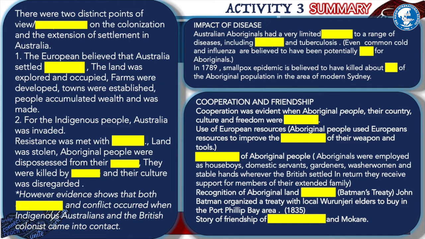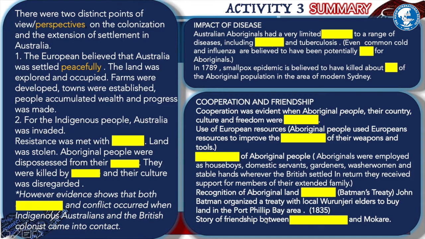There were two distinct points of view or perspectives on the colonization and extension of settlement in Australia. So first, the Europeans believed that Australia was settled peacefully, the land was explored and occupied, farms were developed, towns were established, people accumulated wealth, and progress was made.